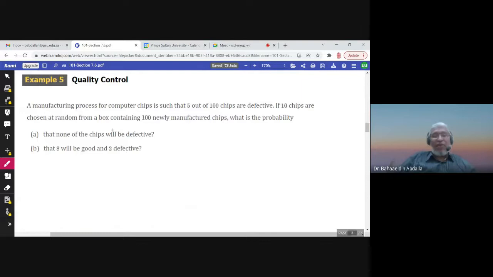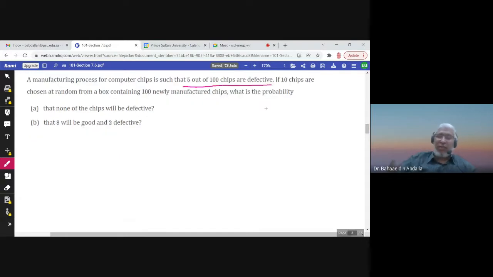A manufacturing process for computer chips is such that 5 out of 100 chips are defective. So if I have 100 chips, 5 of them are defective and 95 are good. 10 chips are chosen at random. So we are selecting 10 chips from 100 newly manufactured chips.